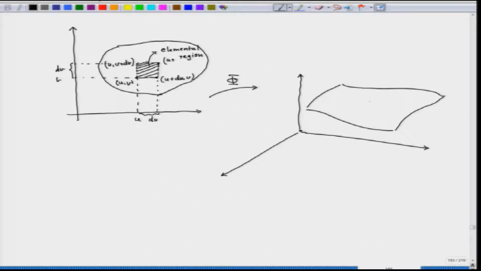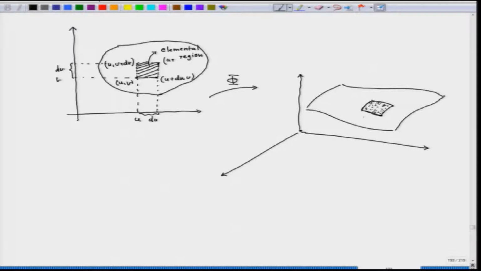Now here is a corresponding small elemental region, a kind of parallelogram, not really a parallelogram, with slightly curved lines, that has formed here, and this is your dS actually, the elemental area dS.